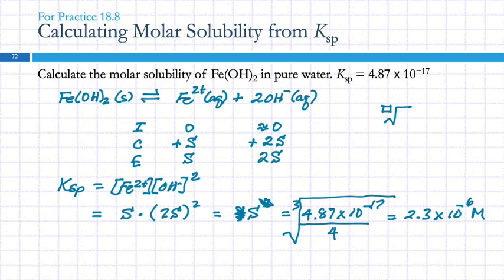I take the KSP and divide by 4, and then I'm going to take that and raise it to the 1 divided by 3, and I get the same answer. It's best to use a fraction there instead of 0.33, because it's actually 0.33 repeating forever, right? And so if you can avoid rounding, it's better.